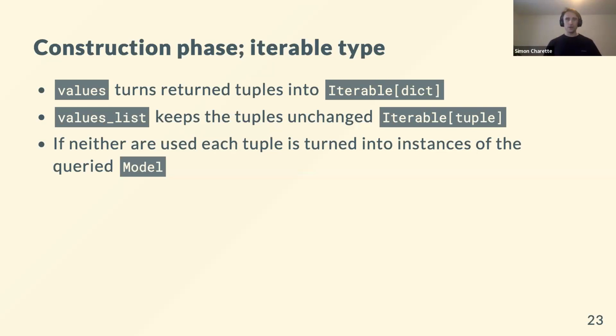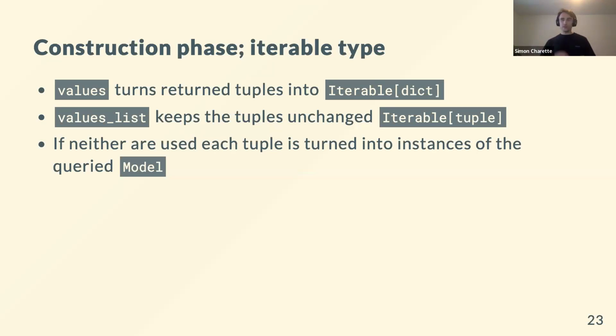So in the case of values, you want an iterable of dicts. In order to do that, you need to create dicts that map the fields that you've passed to values to the actual tuples together. In the case of values_list, it's pretty simple on recent versions of Django, because we make sure that the order you specified in the fields passed to values_list is the exact order that we use when we do the select.